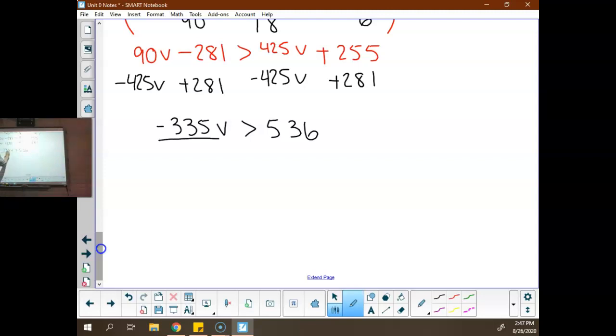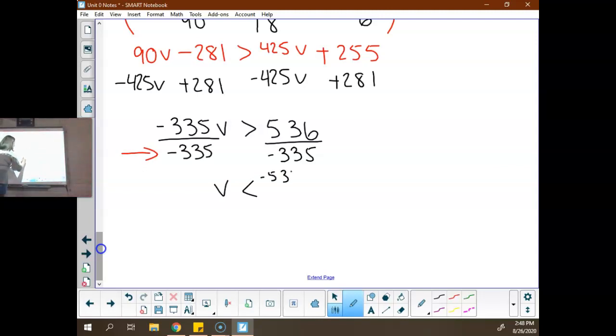All right, divide both sides by 335. Now remember, I'm dividing by a negative. I have to flip my inequality sign. So I have V is less than negative 536 over 335.